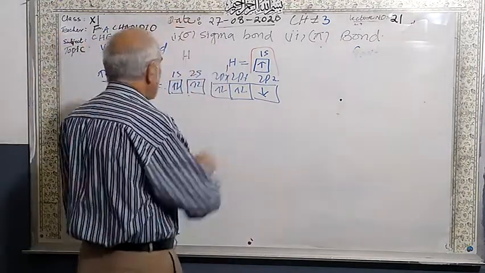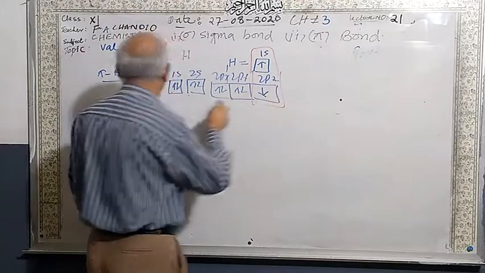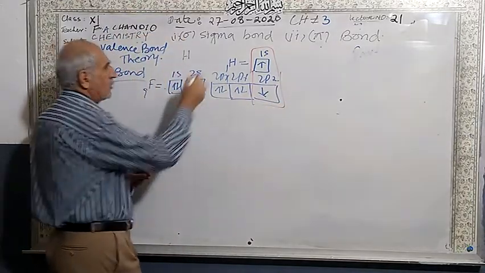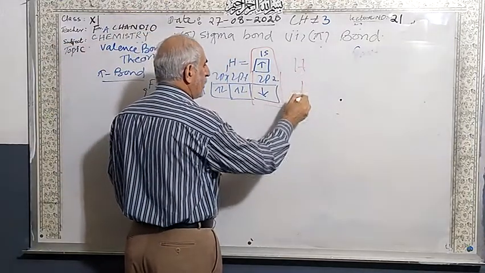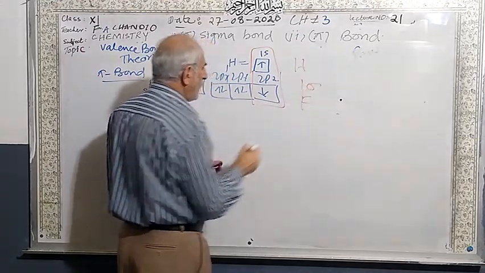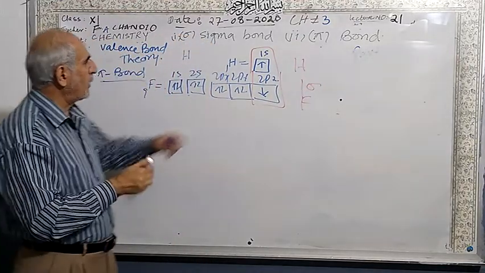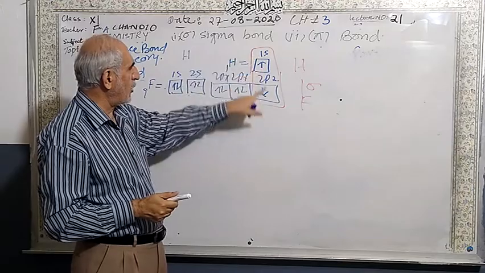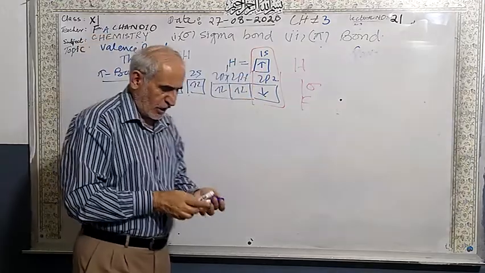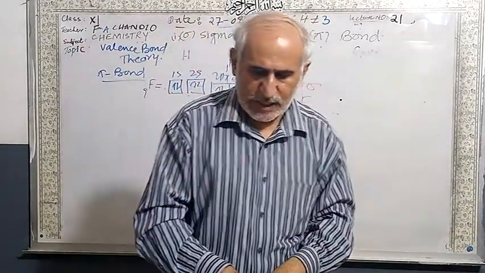So there is overlapping between hydrogen and fluorine, and a sigma bond is going to be formed. The overlapping is between 1s1 of the hydrogen and 2pz of the fluorine. This is hydrogen fluoride.